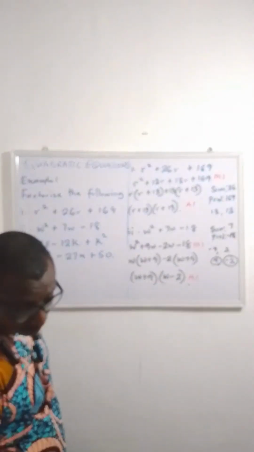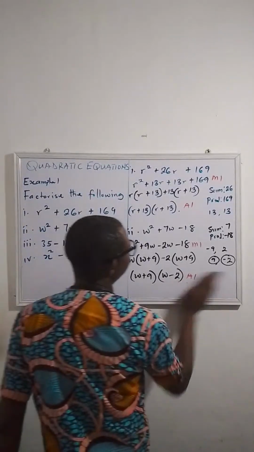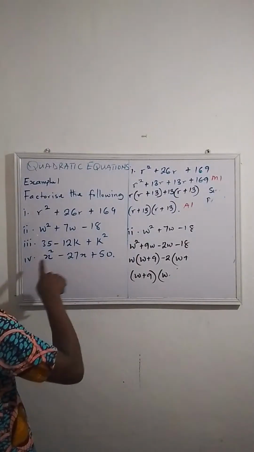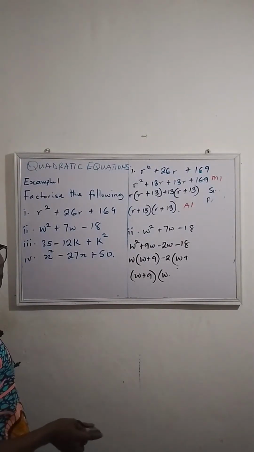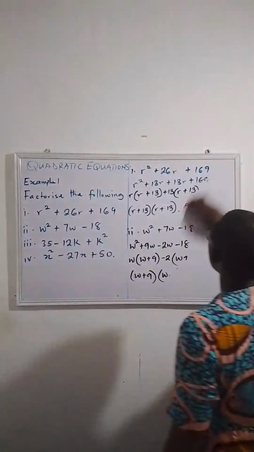Okay, so now let's look at the next problem. I want to believe you can see the next problem. Before I solve, you can just make an attempt before we solve the problem together.